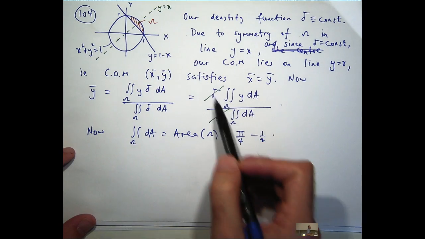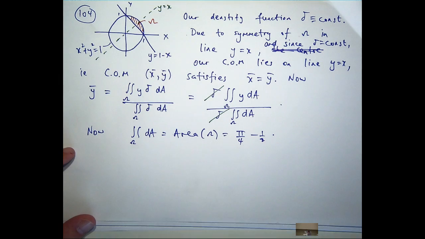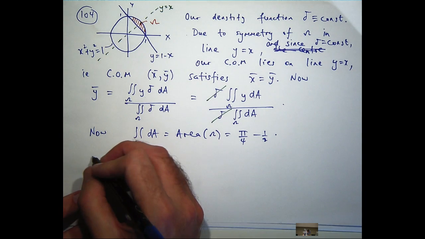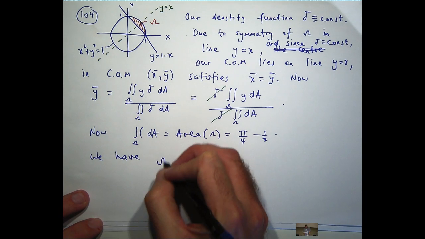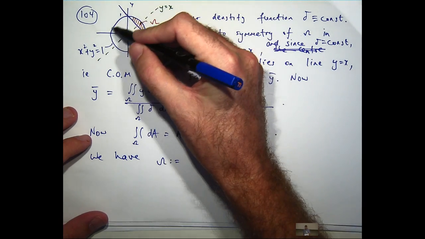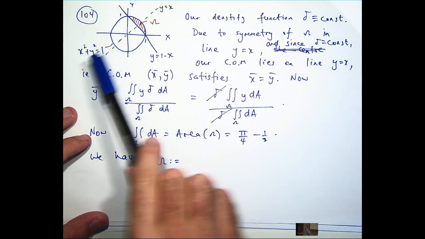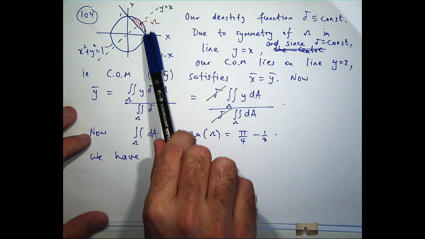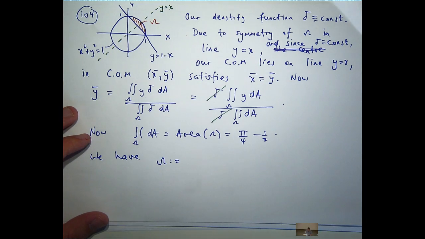Now before we get down to the evaluation of this top integral, I have to describe my region, omega, mathematically. Now you could use polar coordinates, but it's probably not a good idea here. Think about this top curve. From here I can just rearrange this and make y the subject. The top curve is going to be y equals root 1 minus x squared, right?